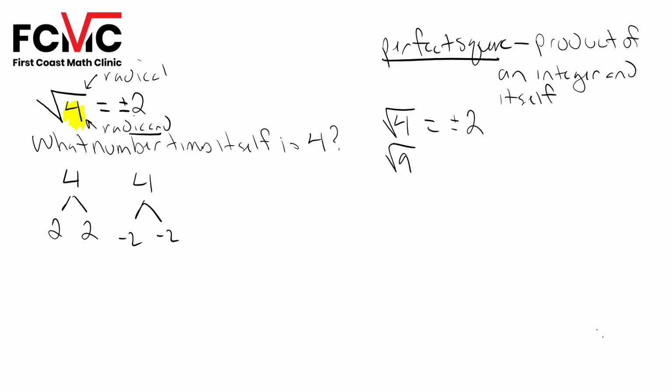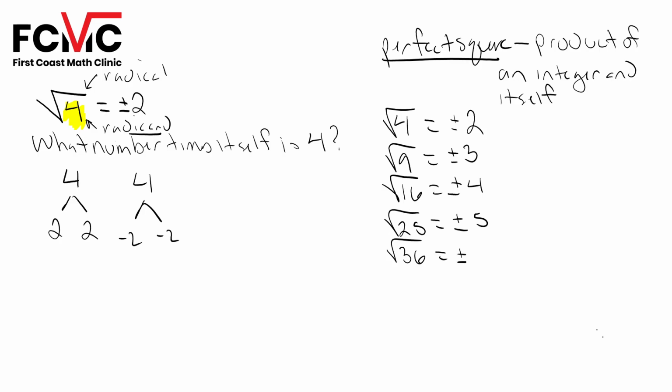Next perfect square is going to be 9. Square root is positive and negative 3. Then 16, positive and negative 4. Then 25. Square root is positive and negative 5. Then 36.